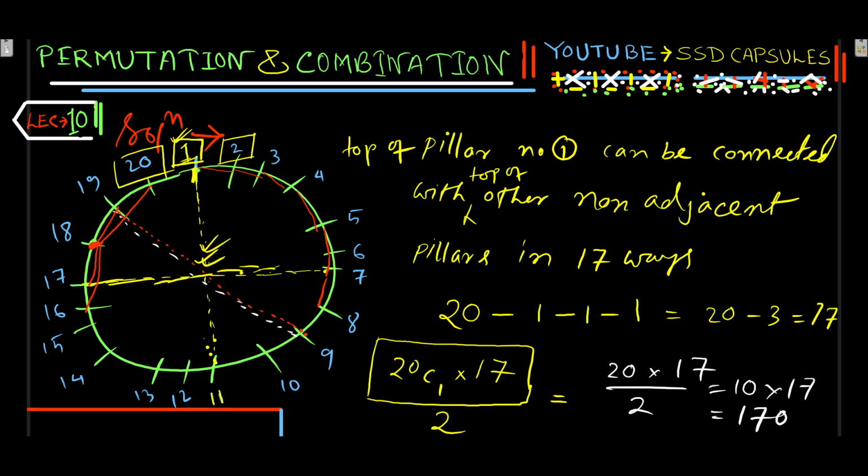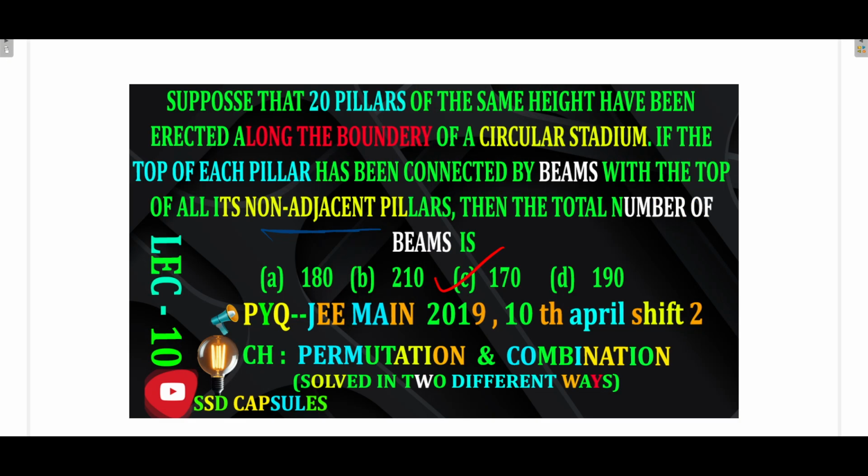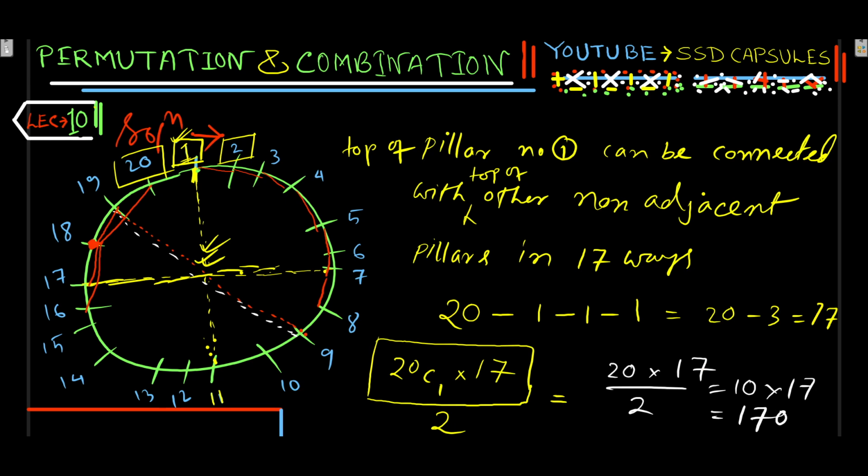That is, the main catch is to get a diagonal from this pillar number 18, we cannot join the adjacent vertices. That is the same thing which has been told in the problem, that the top of each pillar has been connected by beams with the top of all its non-adjacent pillars.